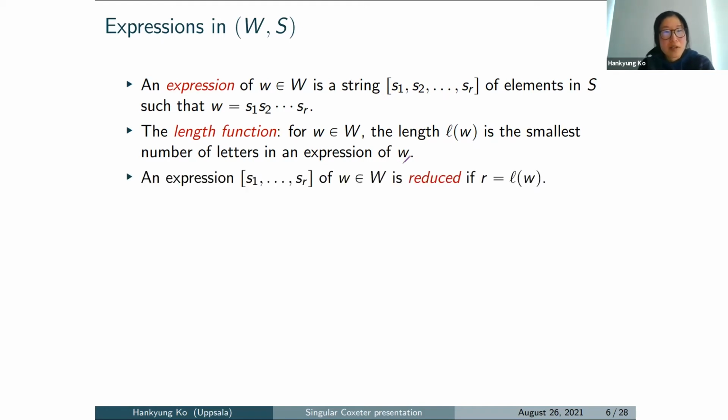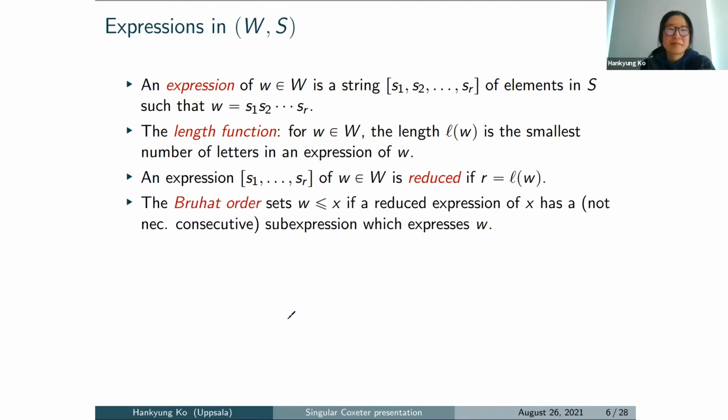Now we can say when an expression is called reduced. The reduced expressions of w are the shortest expressions that express w, so the length of the string agrees with the length of the element.